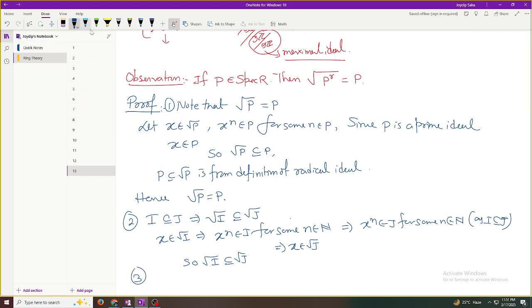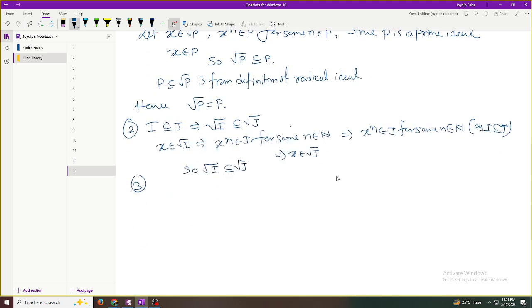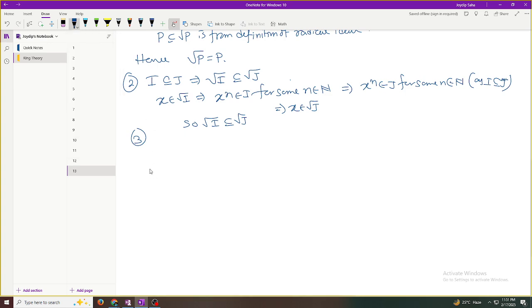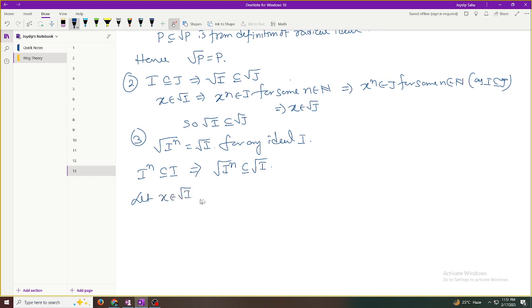Number 3 is that root of I to the power n equals root I for any ideal I. I to the power n is a subset of I. This implies root of I to the power n is a subset of root I. Let x belong to root I. X to the power r belongs to I. X to the power rn belongs to I to the power n.